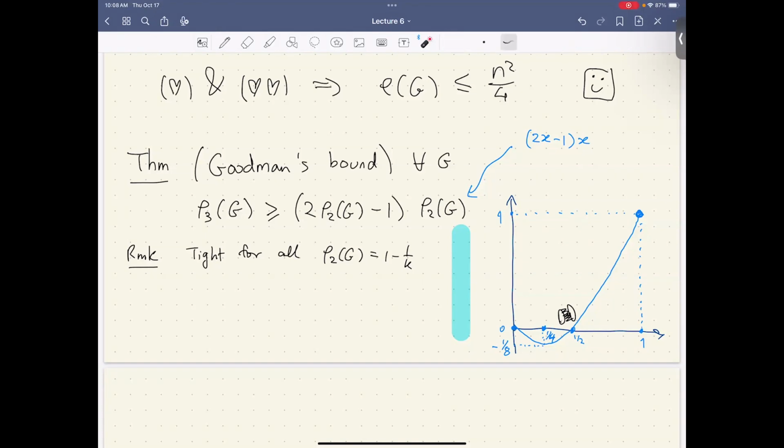So here, when k equals 2, at 1/2, the tightness is witnessed by the complete bipartite graph. The next, 1 minus 1 over k, is 2/3. Let's draw what 2/3 is. And then 3/4, and so on.